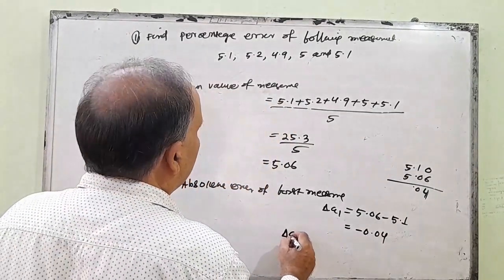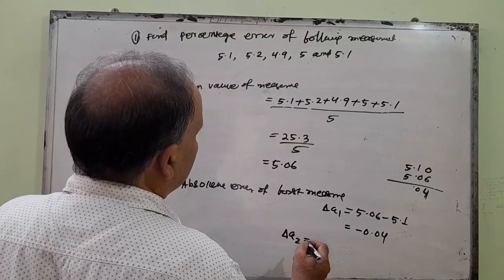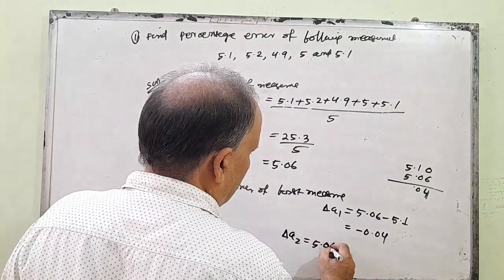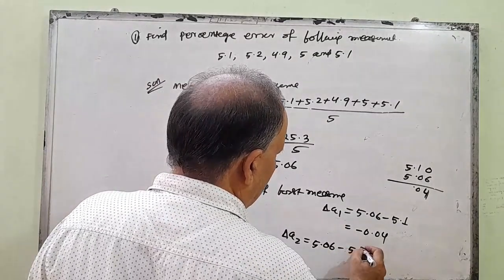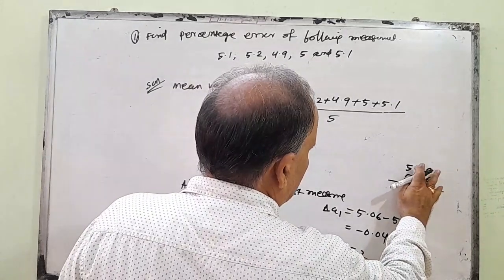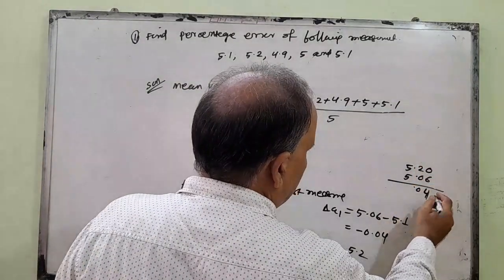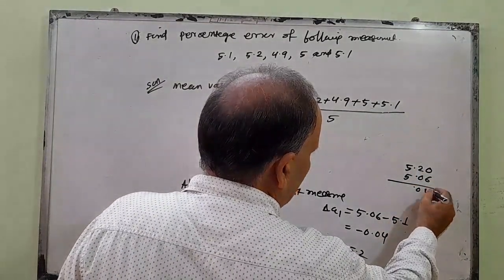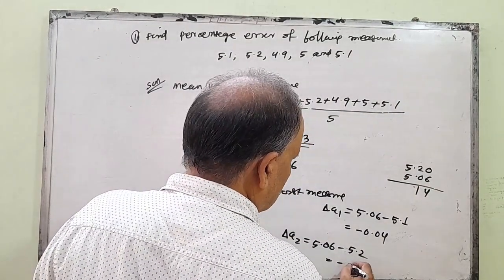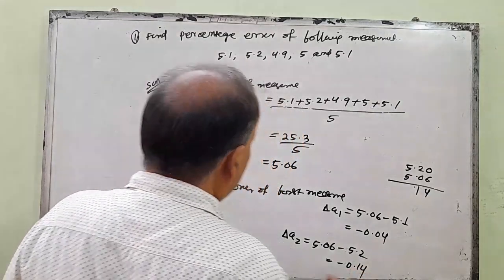Similarly, delta A2 is equal to what? 5.06 minus 5.2, that is minus 0.14.